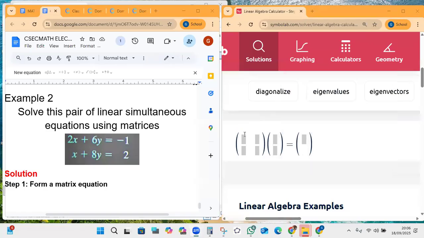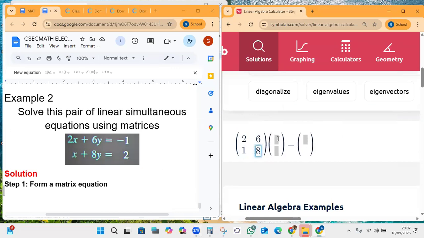So now we're going to make a 2 by 2 with the constants. So we see a 2 and a 6 will form the first row, and the second row we'll use a 1, because if the coefficient is blank, there's an invisible 1. So there's an invisible 1 in front of x. So 1 and 8 will form the second row.